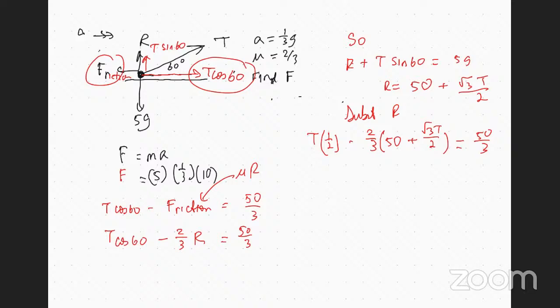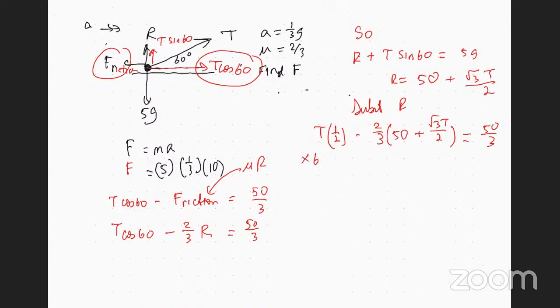How are we doing that? Let me get rid of the fractions. Multiply by 6, so you'll get 3T minus 4 by 50 plus root 3T is equal to 3 into that, 2 is equal to 100.